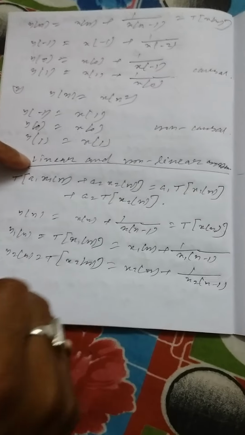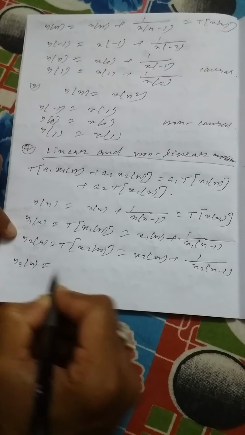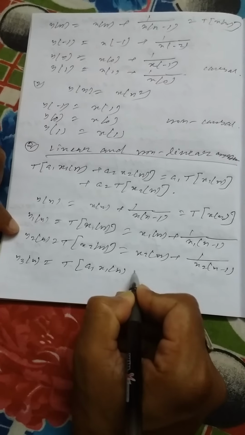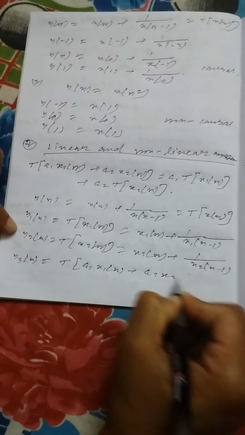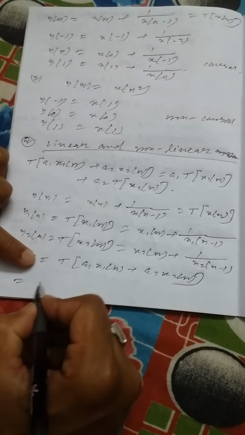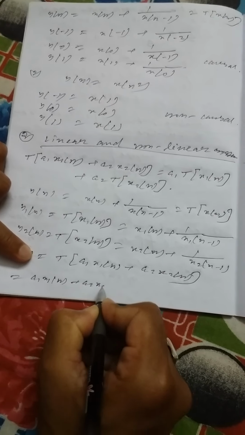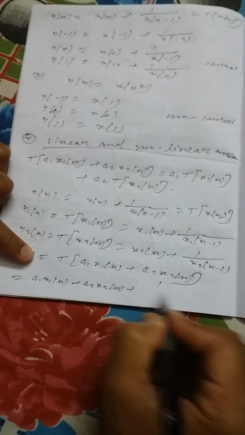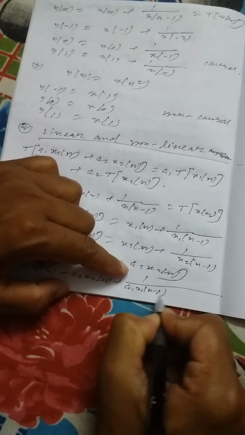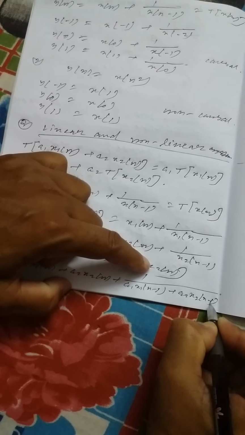Now the weighted sum of inputs, the result is saved in y3[n], that will be equal to transformation of a1 x1[n] plus a2 x2[n]. In the same format, it will be equal to a1 x1[n] plus a2 x2[n] plus 1 by a1 x1[n minus 1] plus a2 x2[n minus 1], right?